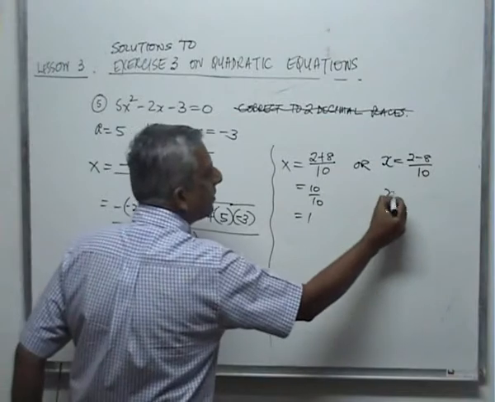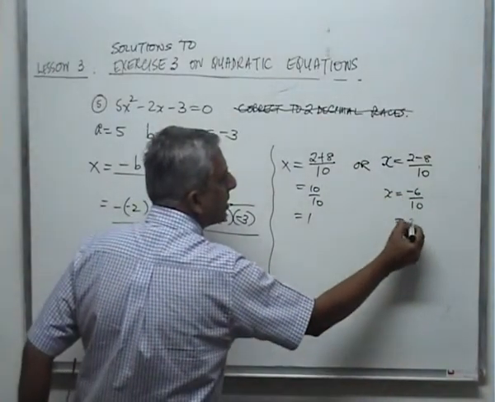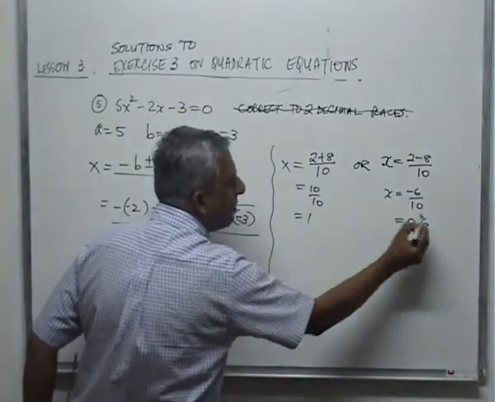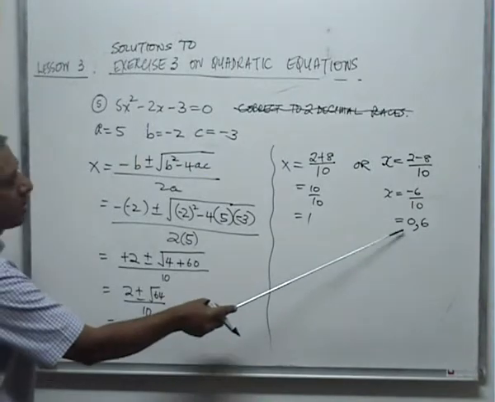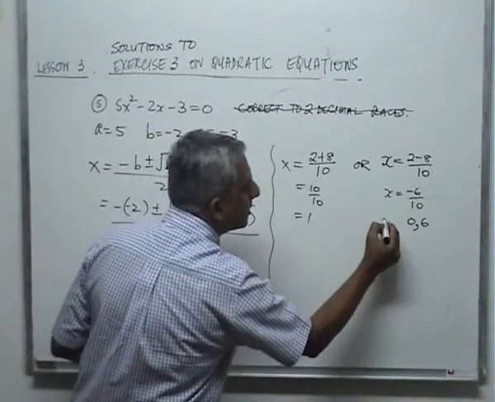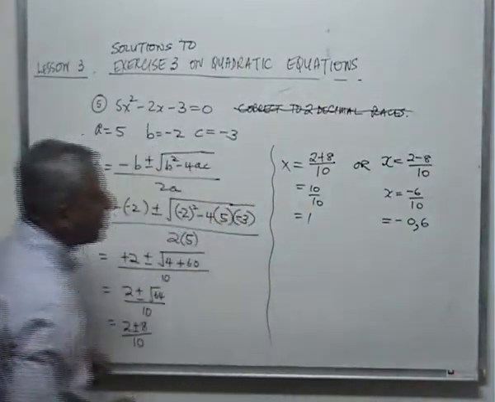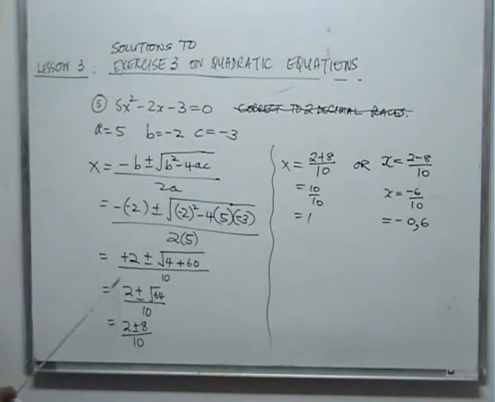And that gives you minus 6 over 10, which is minus 0,6, because it works out exactly, no need to approximate. Minus 6 over 10 will give you minus 0,6. Alright, so there we are.